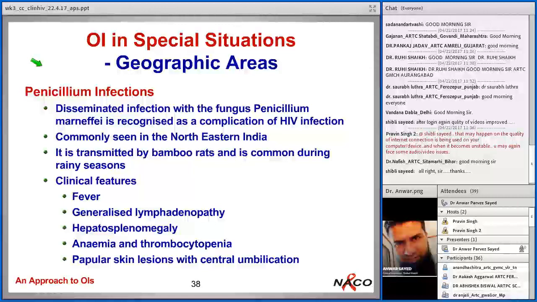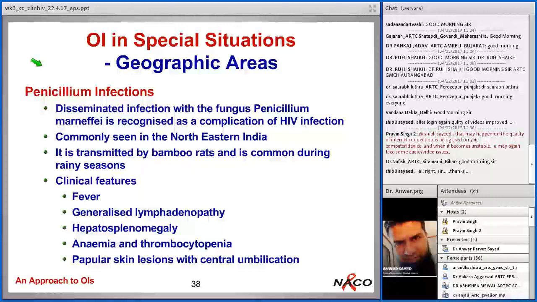Penicilliosis, as we talked about, is a disseminated fungal infection with a fungus called Penicillium marneffei, and it is recognized as a complication of HIV infection, especially in the northeastern region of India, like Manipur and other states of the northeast. It is transmitted commonly by bamboo rats and is common during the rainy seasons.